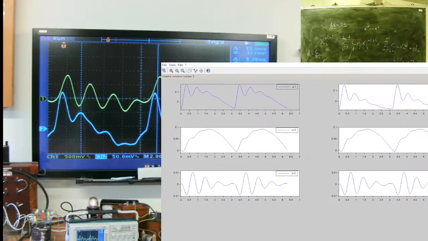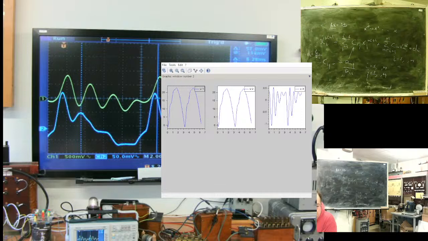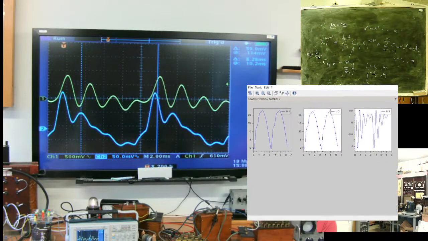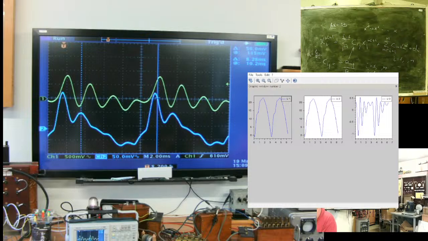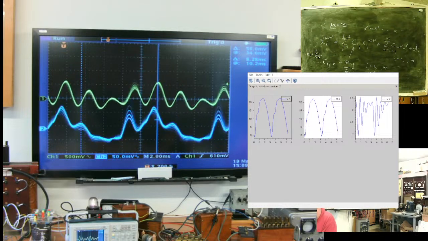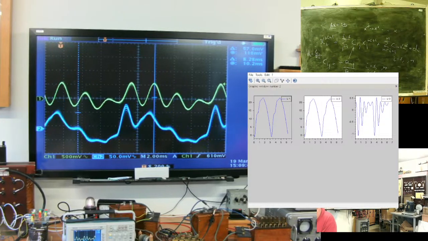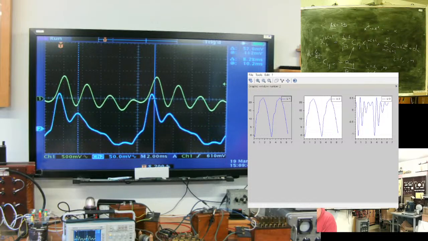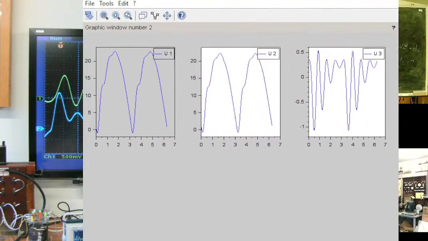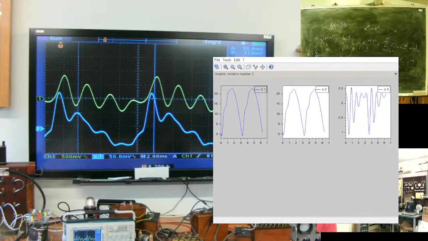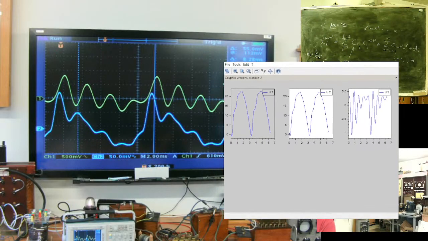And one moment, I'll get voltages. Here you can see voltage. Yellow line is a voltage number. Hey, come on, I wanted to explain voltage. It's voltage number 3. I think they are very similar.